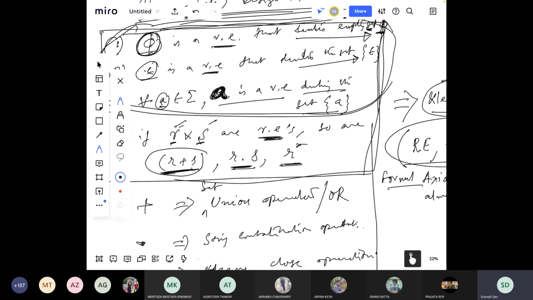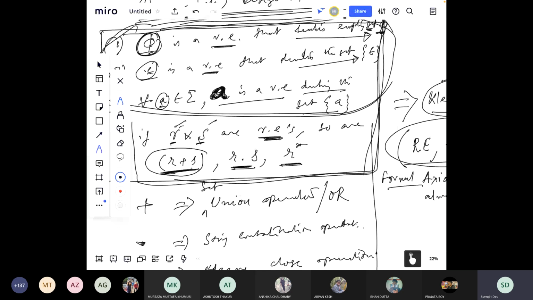So you construct the regular expressions recursively like this. But actually, the regular expression is an algebraic structure that follows certain axioms.